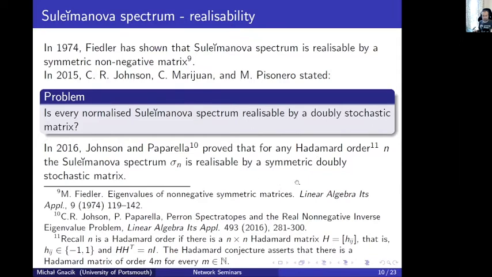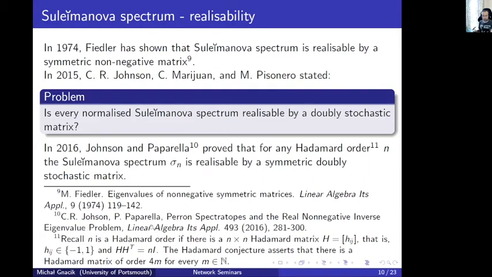This construction was nice because it was actually giving you the matrices. For example, Fiedler's construction wasn't constructive. You couldn't construct the matrix, you could only prove existence. Let me recall the Hadamard order.